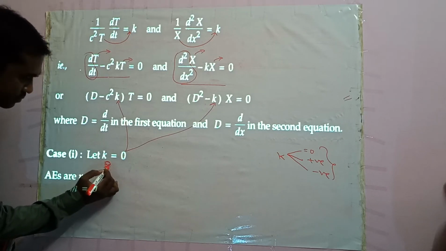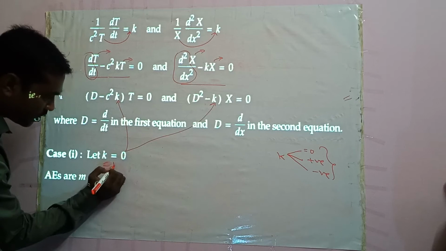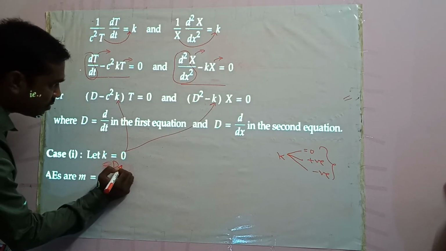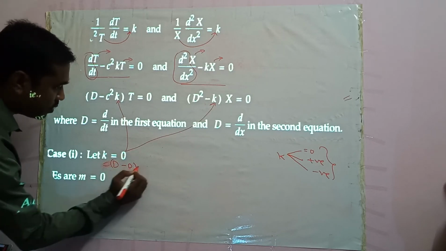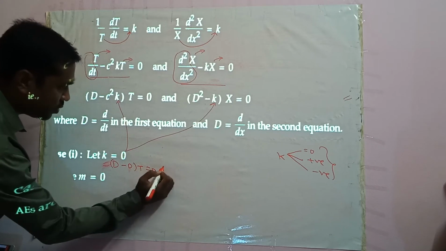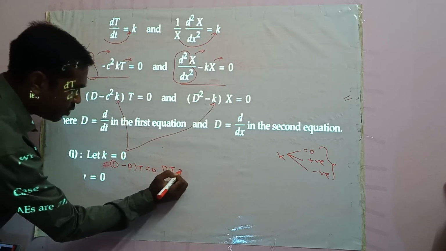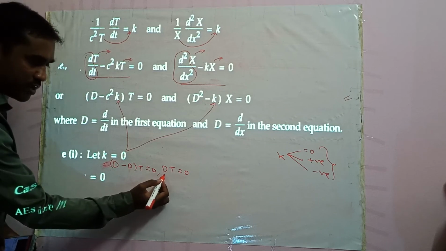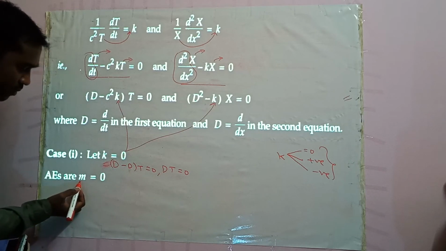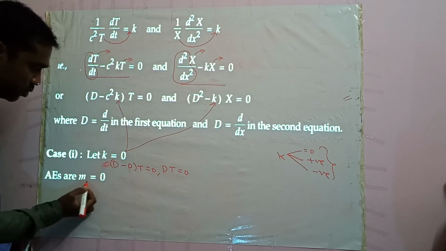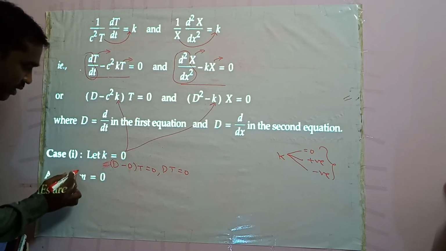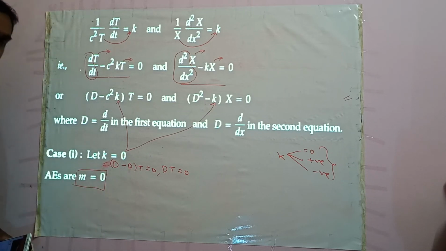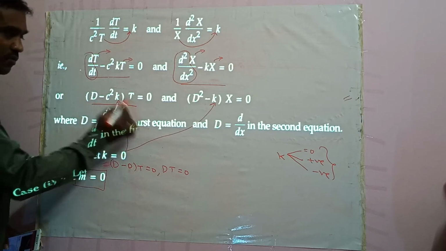D T − 0·T = 0, that is DT = 0. Then what is the auxiliary equation? We replace D by small m, that is m = 0. So directly we got one root, m = 0, for this differential equation.